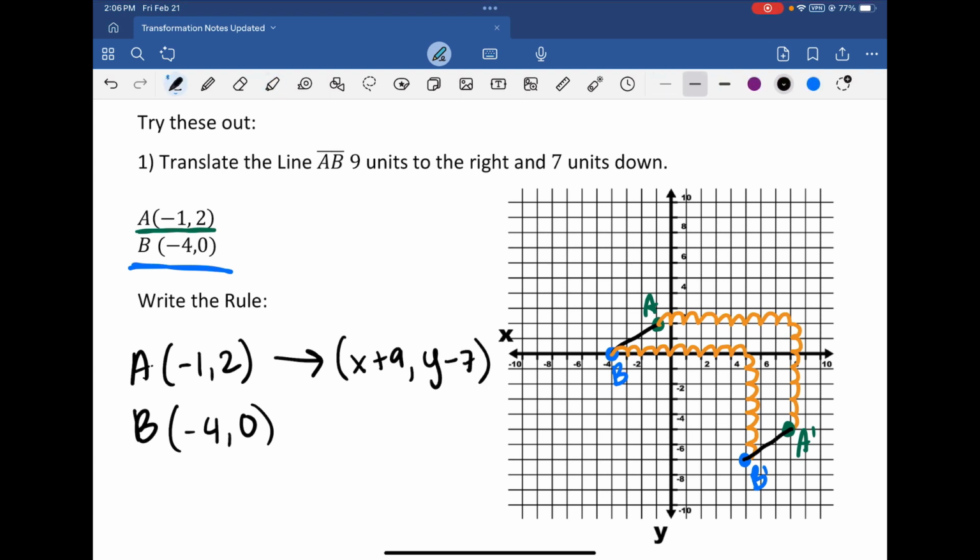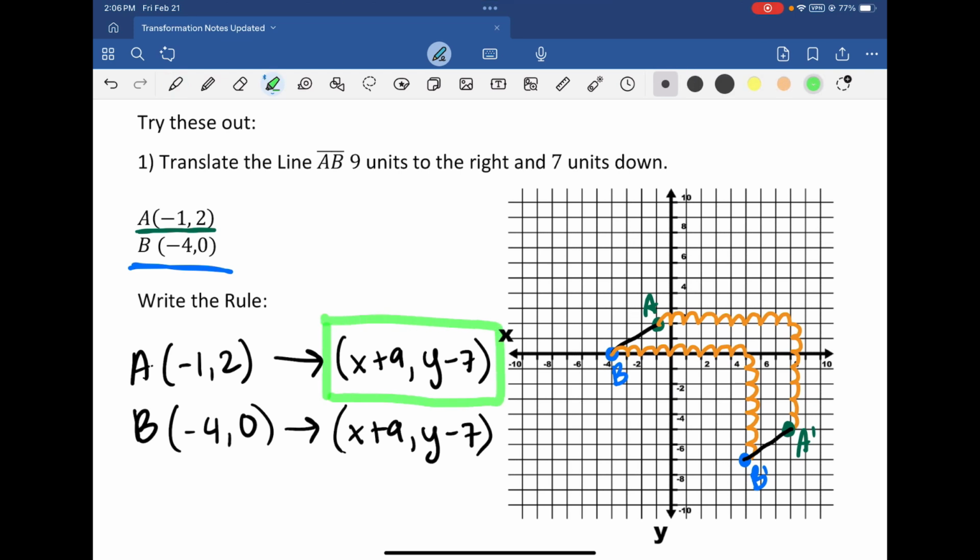Okay, same thing here. We move 9 units to the right and 7 units down. So this is my rule right here. I will highlight it in green. I just wrote it 2 times. X plus 9, y minus 7. That means to the right 9, down 7. Okay, cool. Now let's go to the next problem.